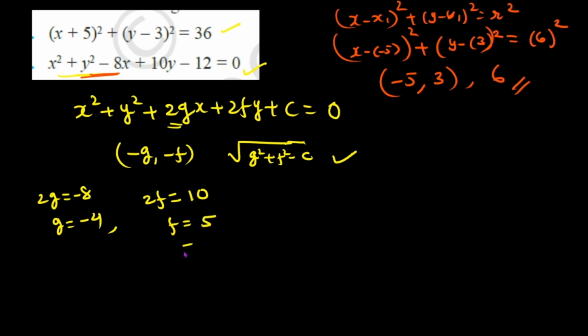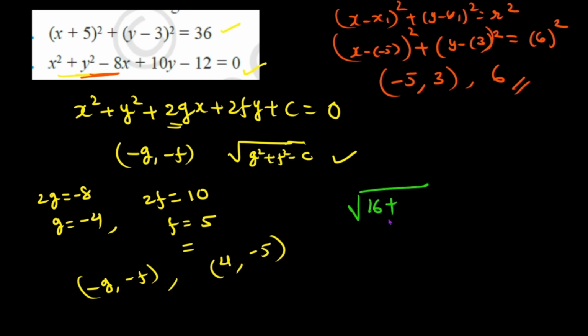What is the center of the circle? I said minus g comma minus f, right? So it will become minus of minus 4, which is 4, and minus 5. So 4 comma minus 5 is the center. Then how do you find the radius of this one? It is just square root of g square. g square is 16 plus f square. f square is 25 minus c.